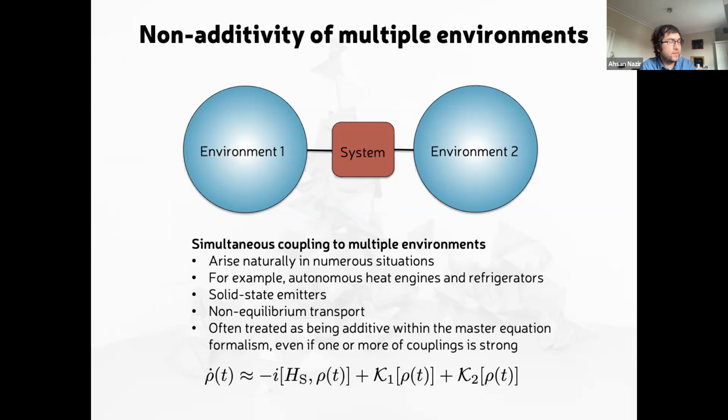One example from a thermodynamic perspective is, of course, in autonomous heat engines and refrigerators. But I also mentioned situations, for example, of solid state emitters and then in non-equilibrium transport in quantum dot systems or molecular nanojunctions.